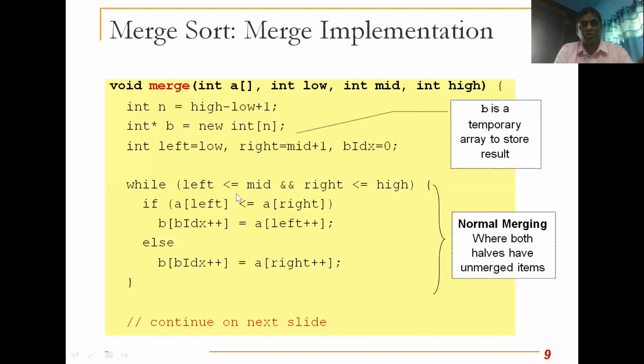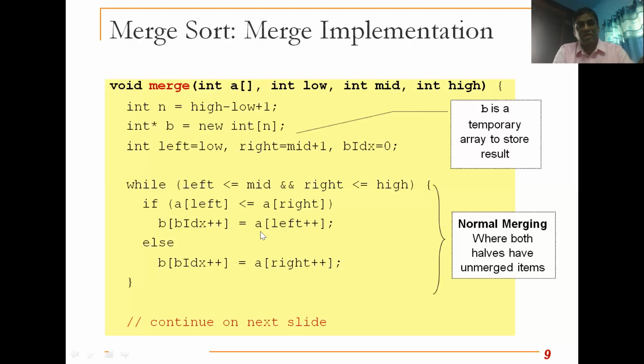Okay, so when both the halves have elements, then we perform this comparison. If A of left is less than or equal to A of right, that means we are comparing the element pointed by left and pointed by right. If A of left is less than or equal to A of right, it means the element at A of left is minimum.